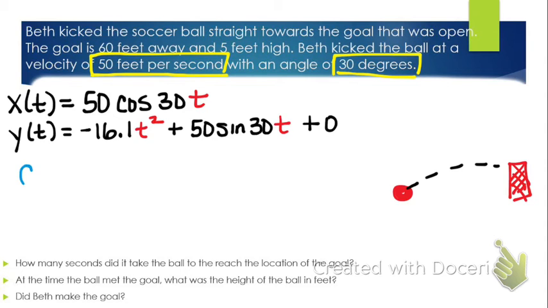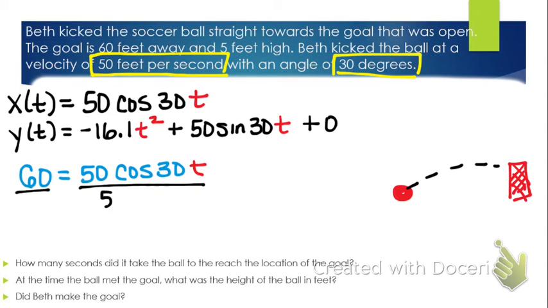So 60 equals 50 cosine 30 degrees times t. And we're going to divide both sides by 50 cosine 30. So t equals 60 divided by 50 cosine 30.